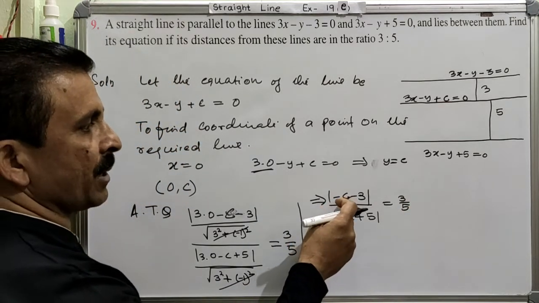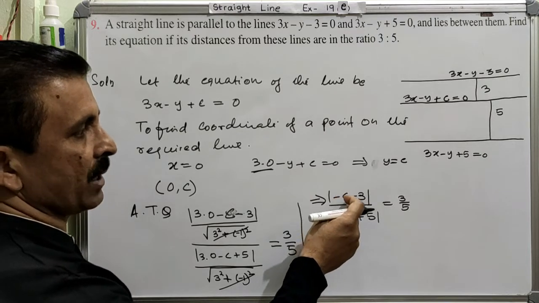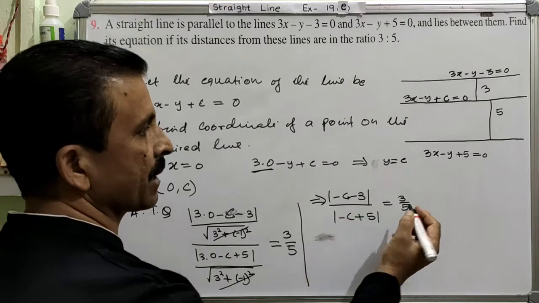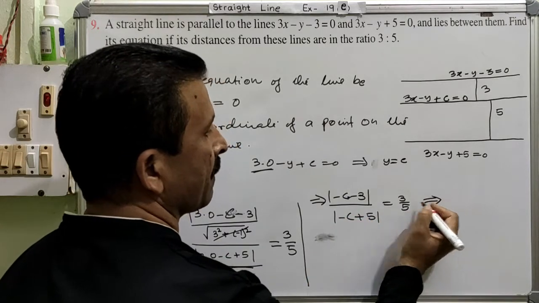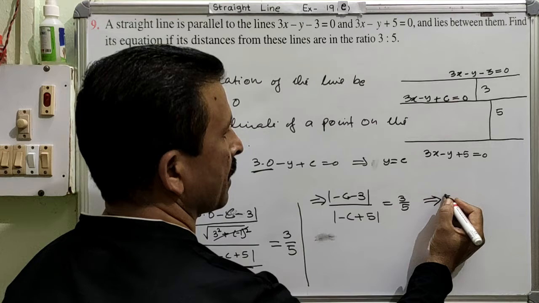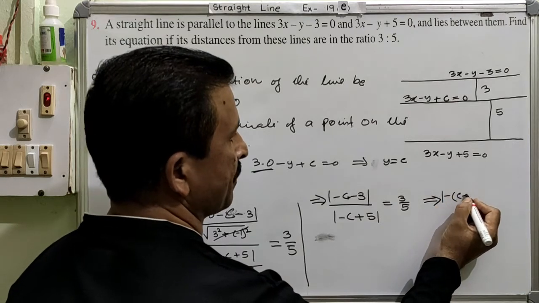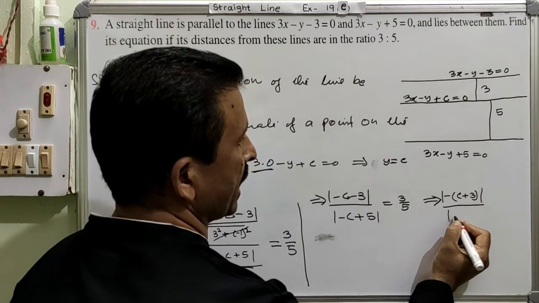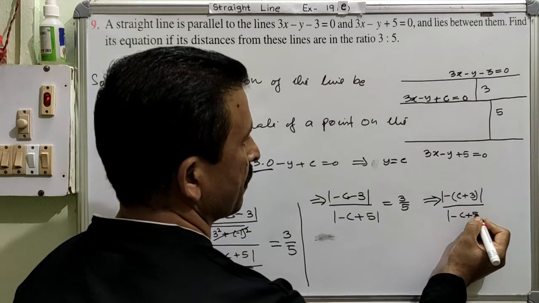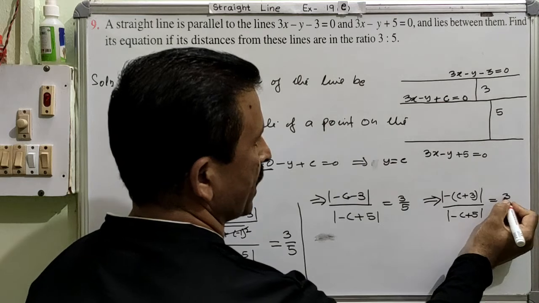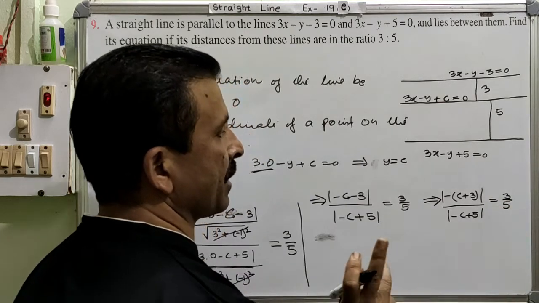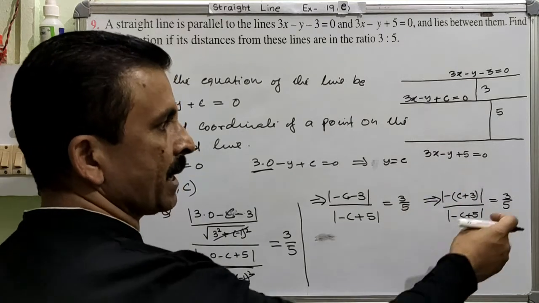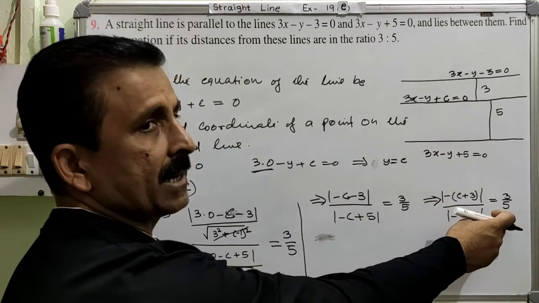Now in the numerator, if you see that both are negative, so why not take out the minus sign common and then remove the absolute value sign. Clear? So minus out, this becomes c plus 3, and then the denominator minus c plus 5 is equal to 3/5. Now in the previous video, I told you that if you remove this absolute value sign, then you have to have plus and minus sign together.